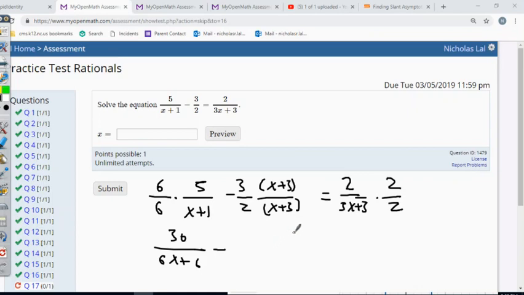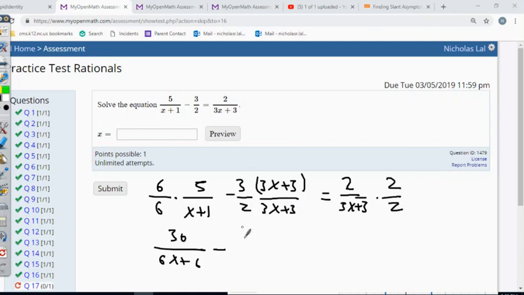Wait a minute. This is not going to be x plus 3. This is going to be 3x plus 3.